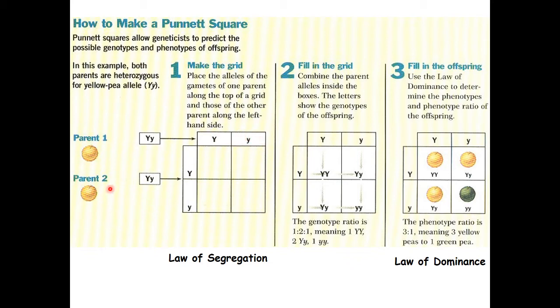Now parent 2 shows the same thing here. This parent, the mom, could be heterozygous. Same thing, the law of segregation will separate the big allele and the small allele into two different eggs. So the top and the side here show you what the gametes will look like genotype-wise in each of these parents. That's why you write individual letters like this.